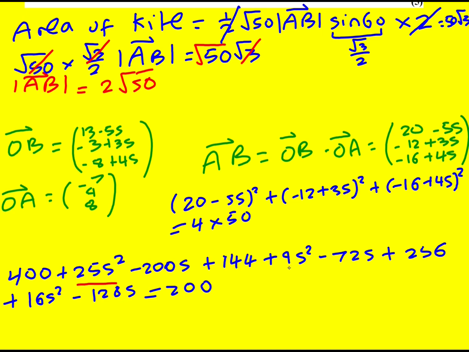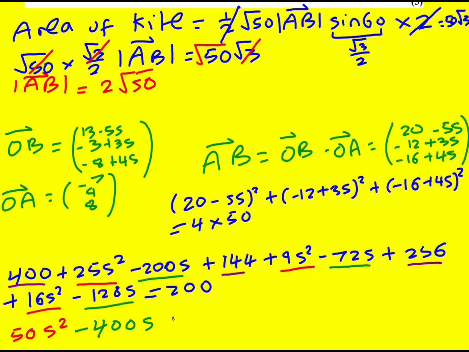So I've got 25, 9, and 16. That gives me 50s squared. I've got minus 200s, minus 72s, minus 128s. Okay, those two add to minus 200s, so I get minus 400s. And then 400 plus 144 plus 256 give me plus 800. All right, that's worked out really nicely.